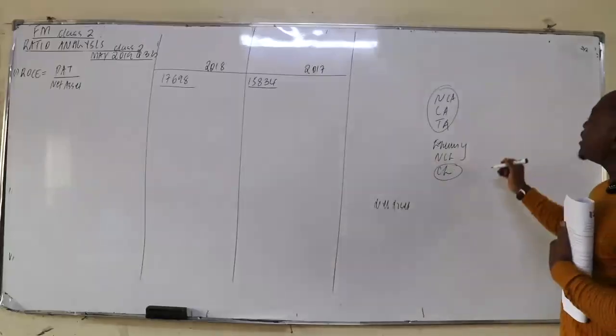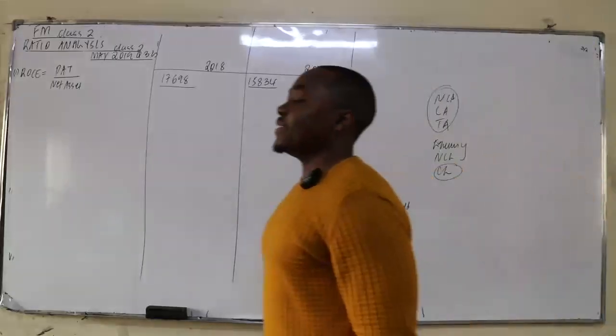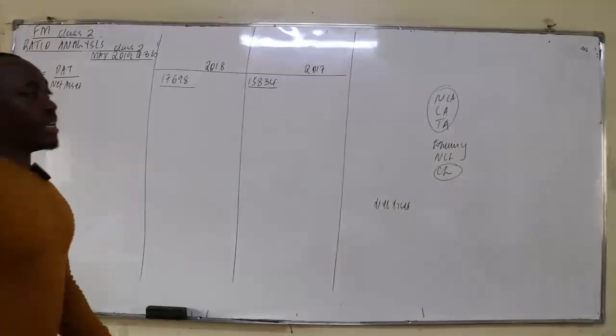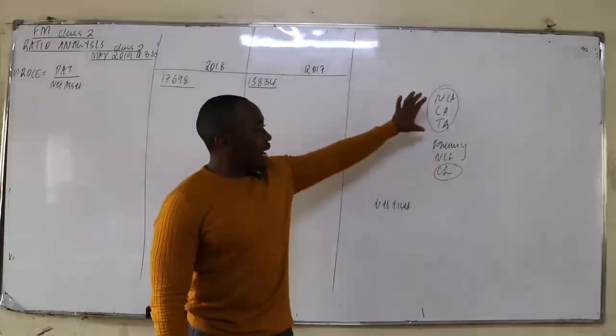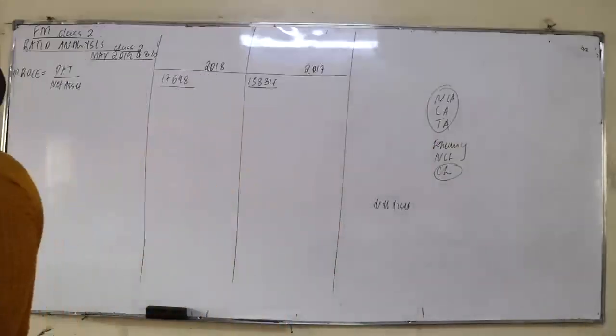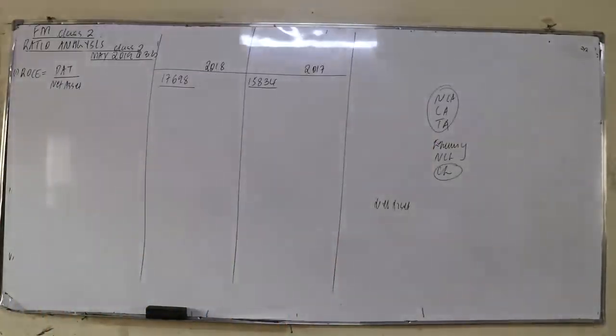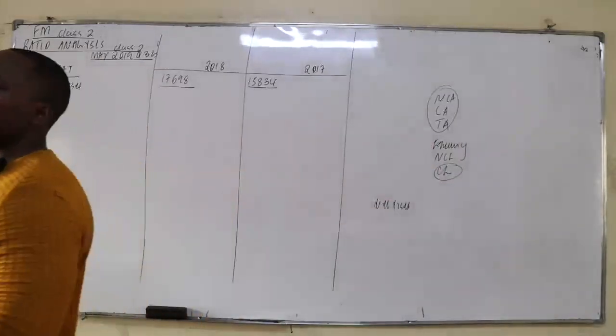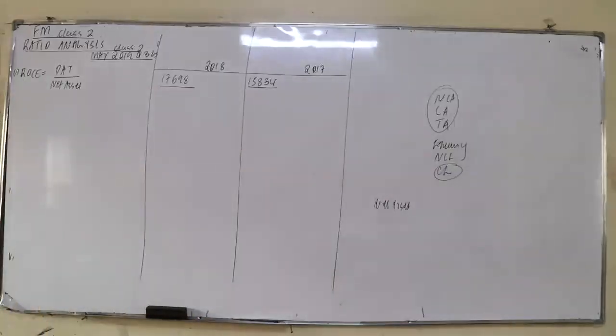We wrote that net asset is the total asset minus current liability, which is the same as equity plus non-current liability. That's what we call the capital employed.